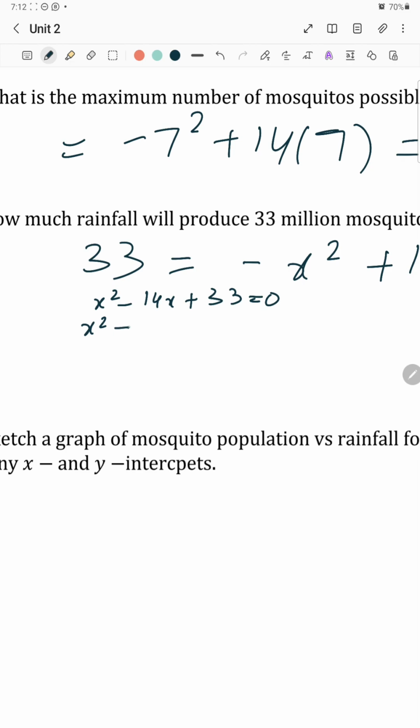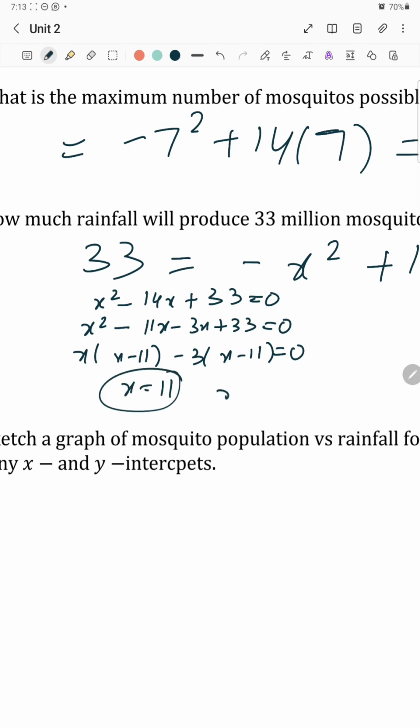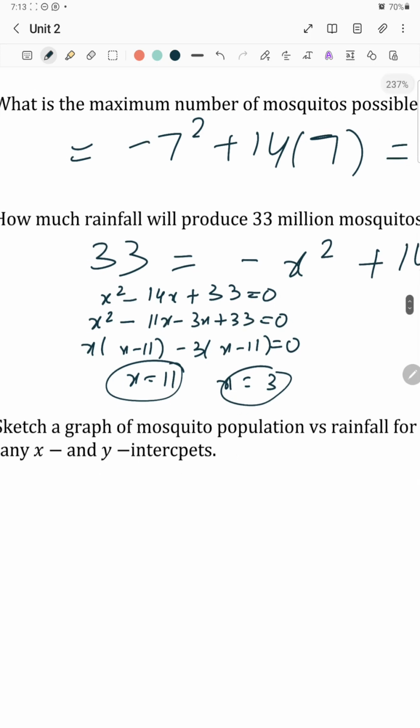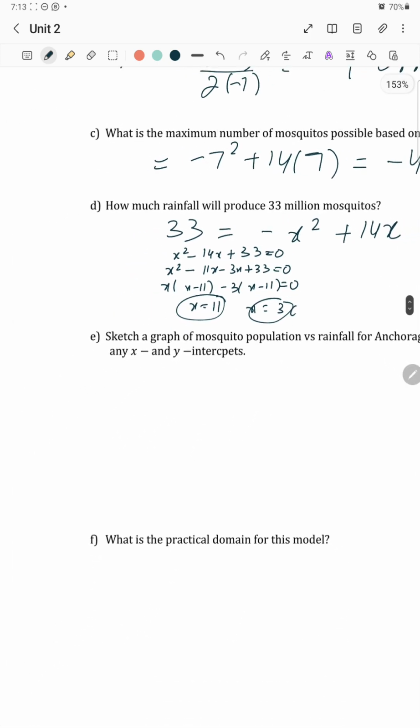Solving it, x is either 11 centimeters or 3 centimeters.